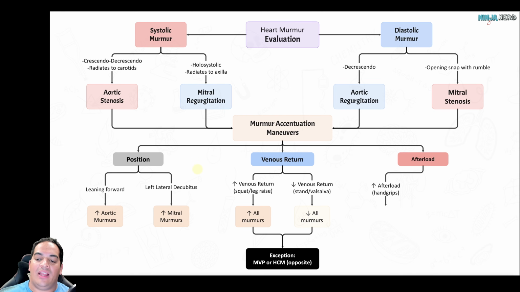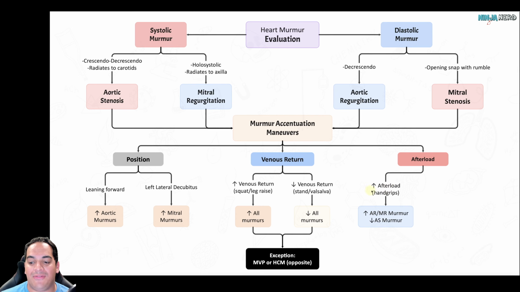Now, if I increase the afterload, I have them squeeze some hand grips. What would that do to the systolic murmurs? Well, in this case, it would actually make it harder for blood to move out into the aorta. And so that should actually decrease the aortic stenosis murmur. The other thing is that it should increase the aortic regurgitation and the mitral regurgitation murmur.